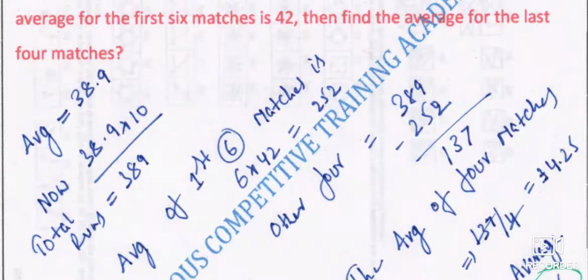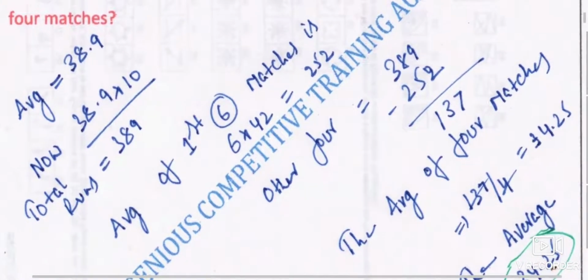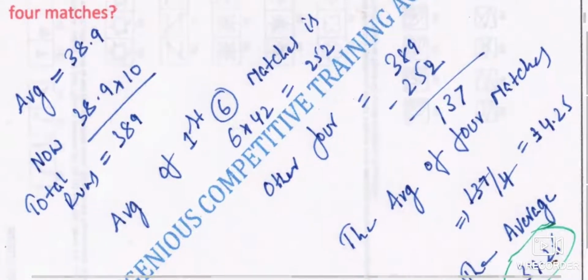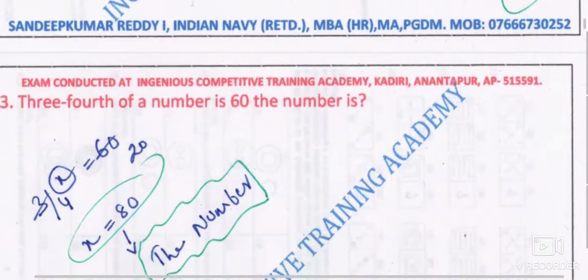Among them, the first 6 matches are 6 into 42, that is 252 runs. So out of 389 runs, if 252 is deducted, we get 137 for the remaining 4 matches. So 137 divided by 4, the new average is 34.25.